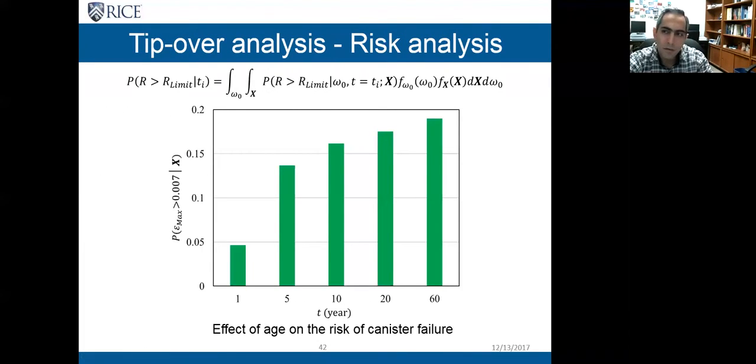Another application of the metamodel and the fragility analysis is the risk estimation. So we can integrate over the fragility and estimate the risk. This figure shows how the risk in the tip-over problem varies with time. And as we see, for older casks, we have more risk of failure.